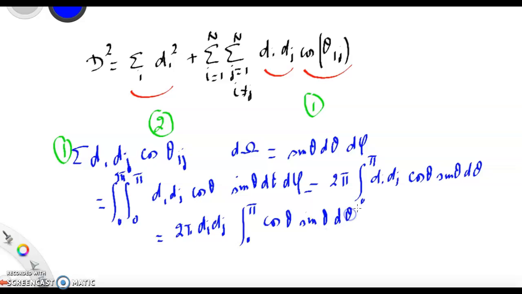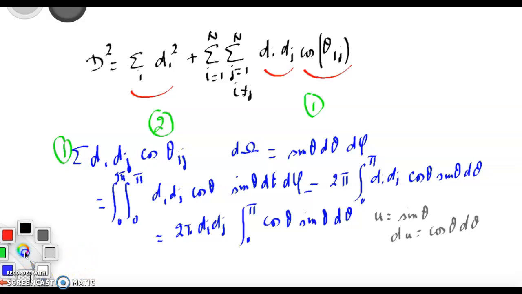Now, a simple trick is to make a change of variables. I'm going to say u equals sine theta, which means that du equals cosine theta d theta. The interesting thing is that when you take sine theta, sine 0 is 0 and sine pi is 0.